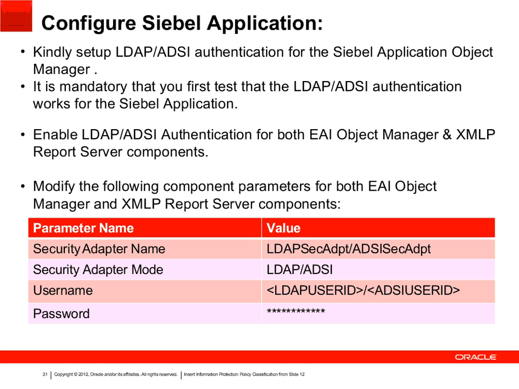Normally, this anonymous user account is mentioned in the eapps.cfg located on the web server. So, at the end of the day, we will have the object manager, XMLP report server component, and the EAI object manager. All these three components should use the same authentication for the BIP reporting to work in an LDAP authenticated environment.